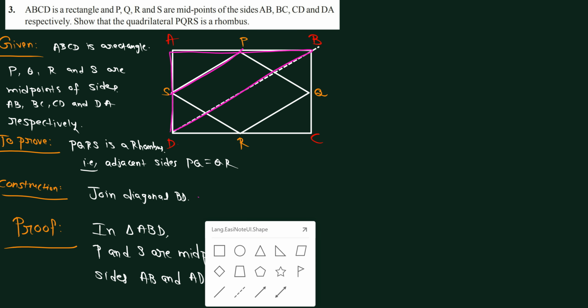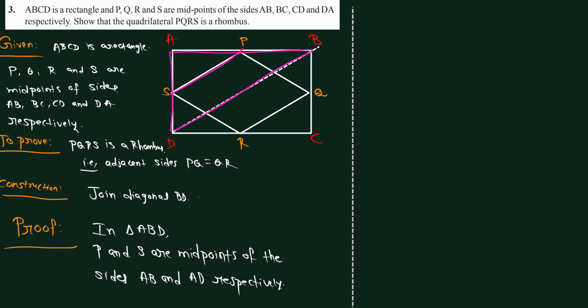From the midpoint theorem, the line joining the midpoints of two sides of a triangle is parallel to the third side. Here PS is parallel to BD and PS is half of BD. Let us say this is equation 1.